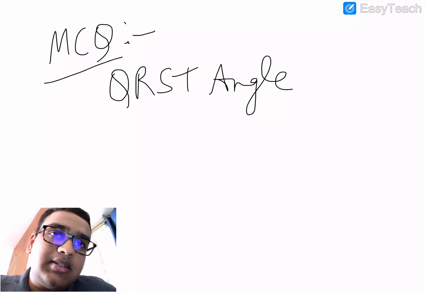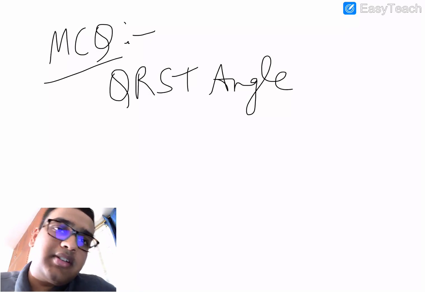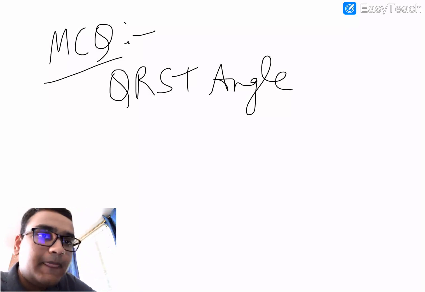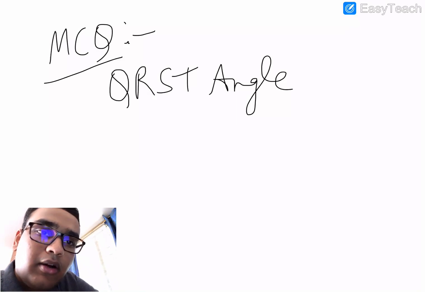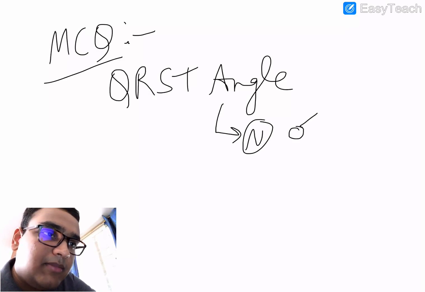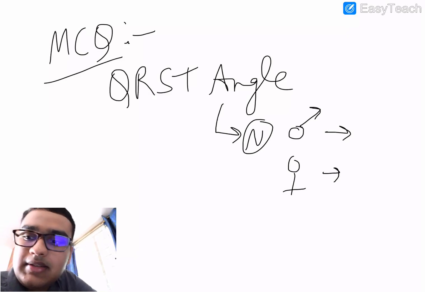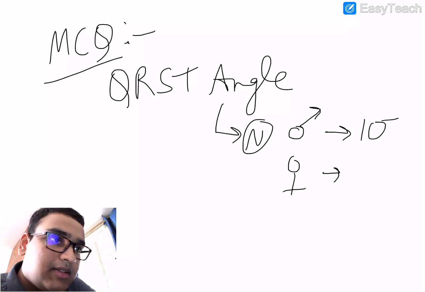So how do we measure this? We can't measure it on a piece of paper, so a computer has to do it for us and measure this angle. So what is the importance of this angle? There are normal angles. Normally in males this angle is 107 and in females it is 90.